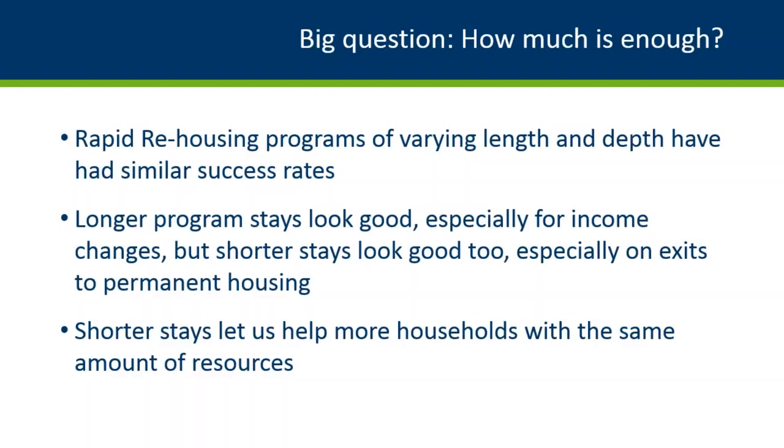Yeah, and I'll just add to that, that one of the things that we know from the research is if we had the ability to give low-income households permanent housing subsidies like Section 8, there would be much higher rates of stability and people would have more income to work with and things like that. So if we had that ability, we certainly wouldn't be opposed to having long-term or indefinite time supports and subsidies.